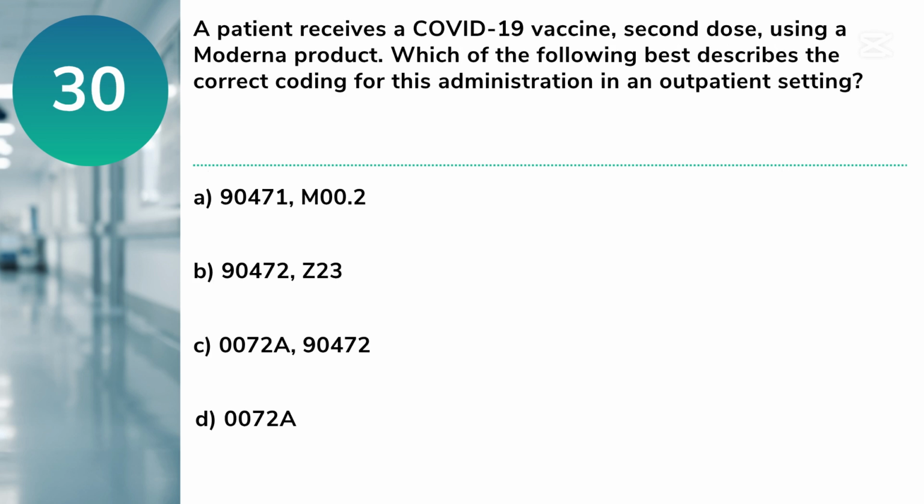Question 30. A patient receives a COVID-19 vaccine, second dose, using a Moderna product. Which of the following best describes the correct coding for this administration in an outpatient setting? A. 90471, M00.2. B. 90472, Z23.